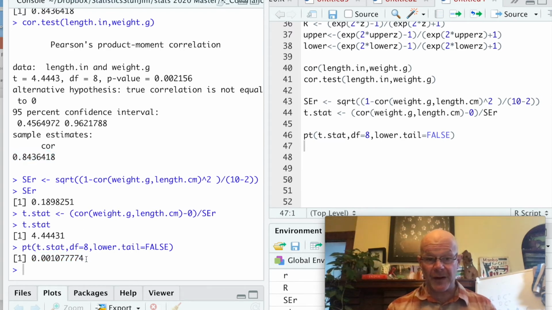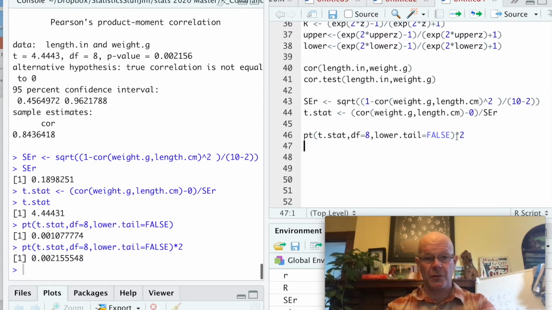So this right here would give us what's called a one-tailed test. We want a two-tailed test because of how we have worded our null hypothesis. Our null hypothesis is that it was equal to 0. Our alternative is that it's different from 0.